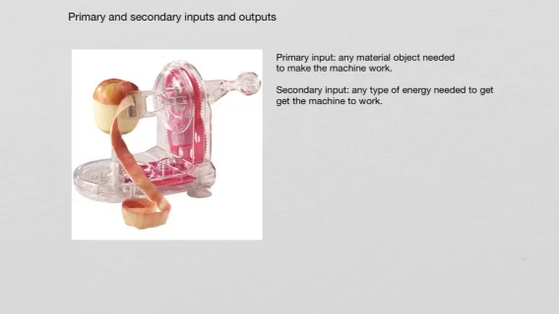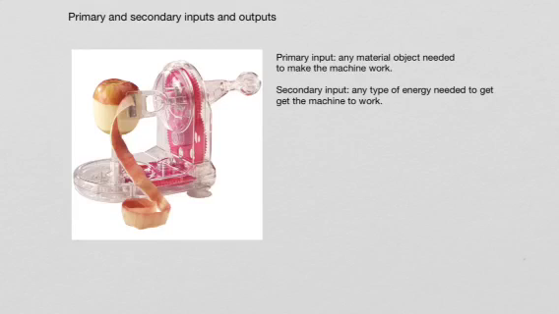We need to turn the handle. And anytime you're applying a muscular energy, or an energy of movement, that is kinetic energy. So the primary input here is the apple, and the secondary input is the type of energy needed to work the machine, and that is kinetic.